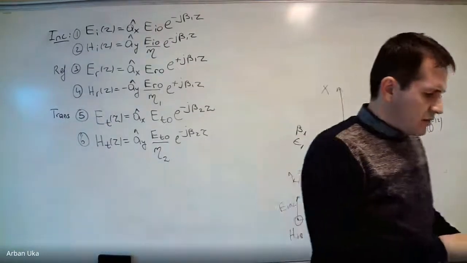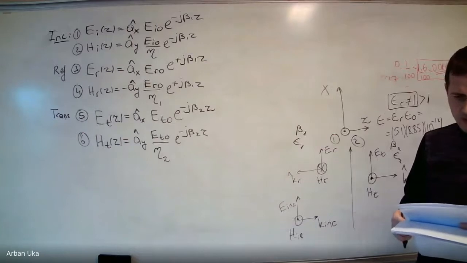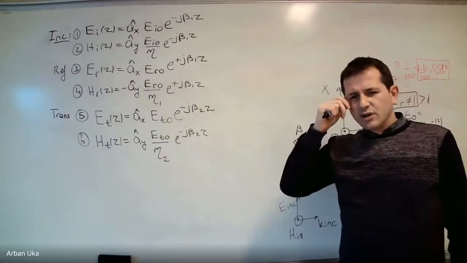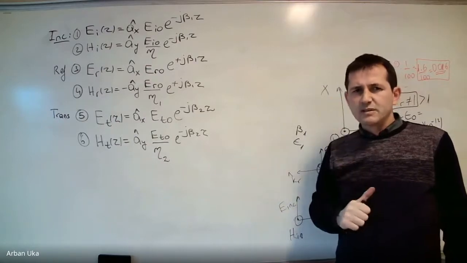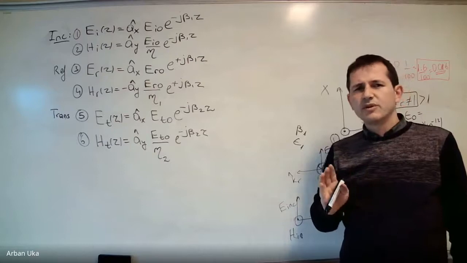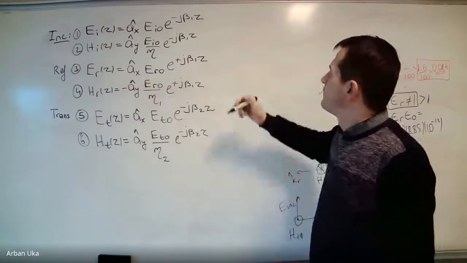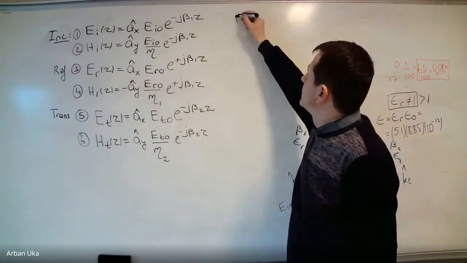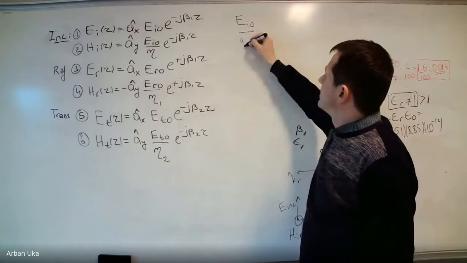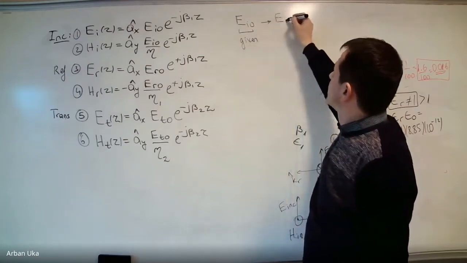We wrote down all the relevant equations, but in the previous case, how many unknowns did we have? When I say previous case, I mean when a wave was incident on a conductor. The incident amplitude was given, and we had to find the amplitude of the reflected wave.